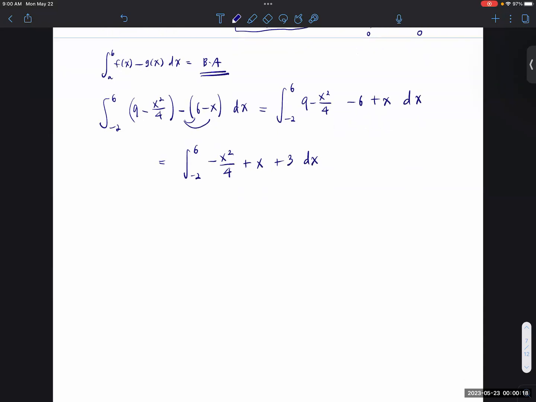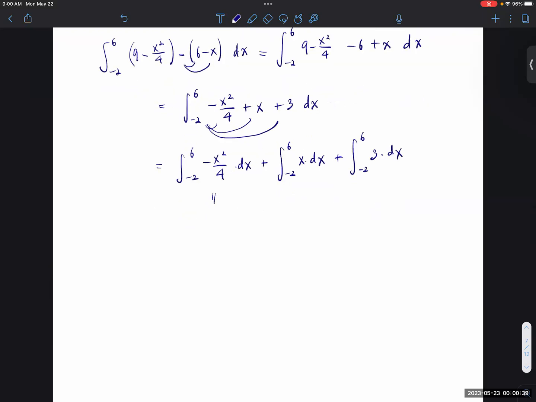Okay, we are taking the integral. Let's separate them: the integral from -2 to 6 of negative x squared over 4 dx, the integral from -2 to 6 of x dx, and the integral from -2 to 6 of 3 dx. Better and better.